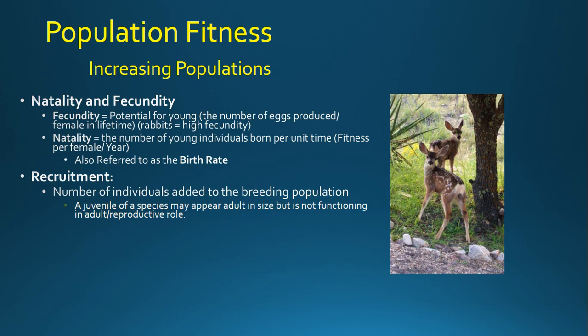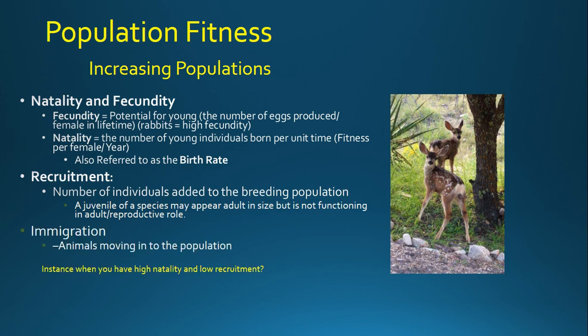And then the other piece of that is sometimes the environment plays a role in when that animal becomes reproductively active, and so does the density of the animals in that population. So there can be a lot of things that play a role in when animals are actually considered recruited to the population. Typically, we do think about it as a 1 year thing. So if they make it to their second spring or their second summer, we tend to kind of lump them all in as being recruited.